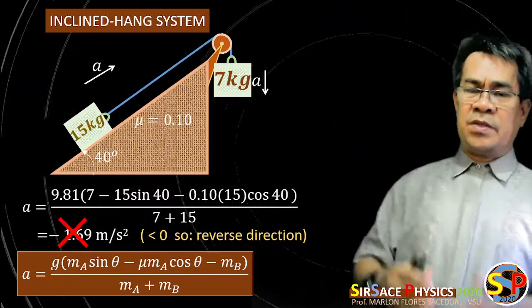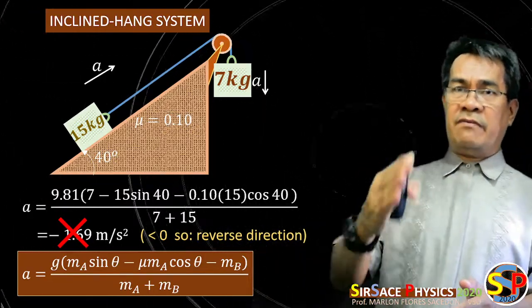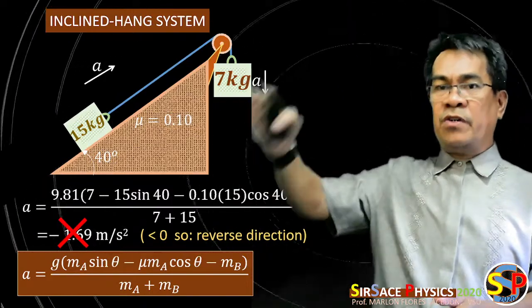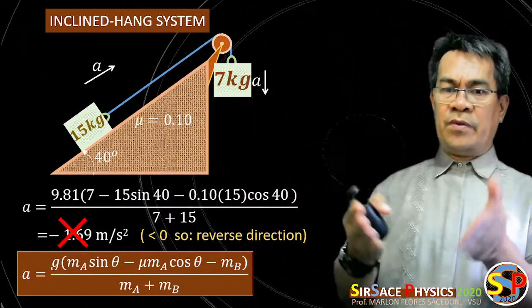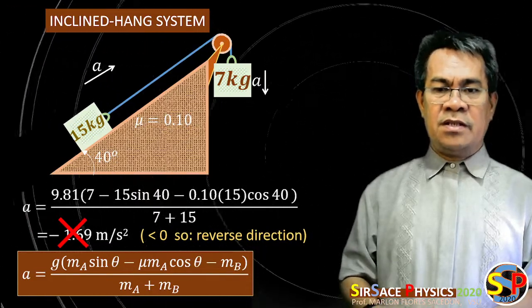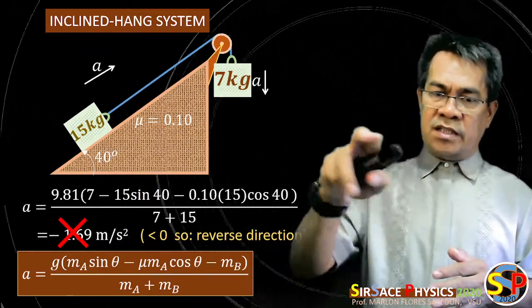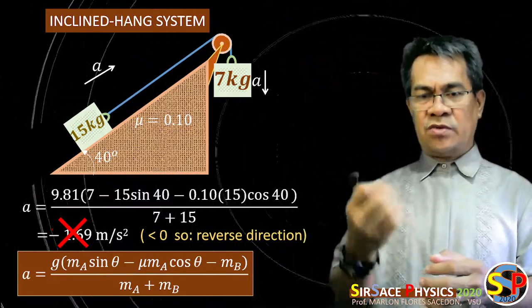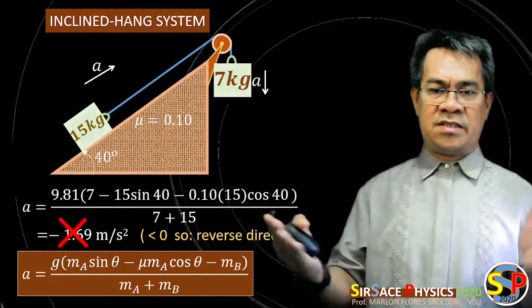Meaning, if you start again, deriving from the first step, assuming that the object will move downward, you will come up with the same formula, and we are very sure. Take note again that the numerator is the net external force, and the denominator is the total mass of the moving object as a system.